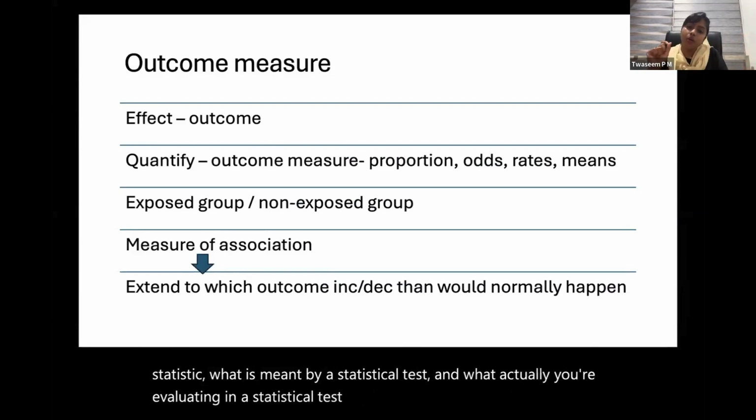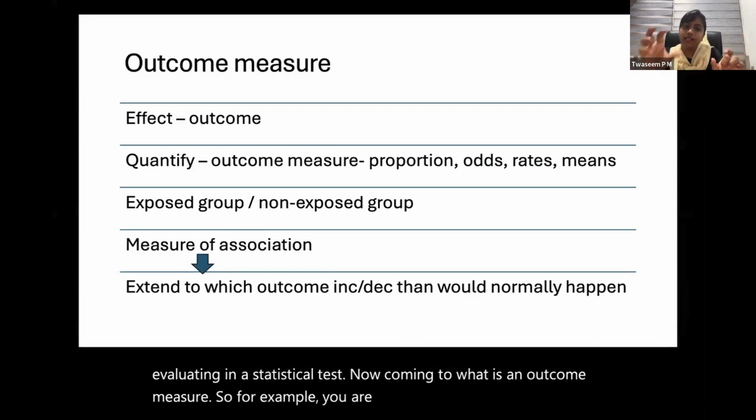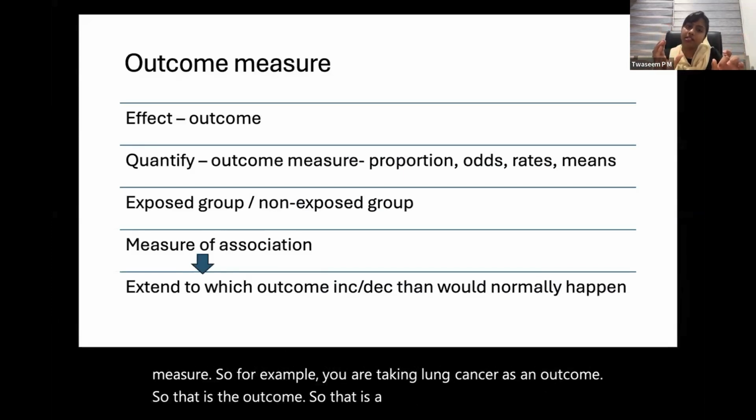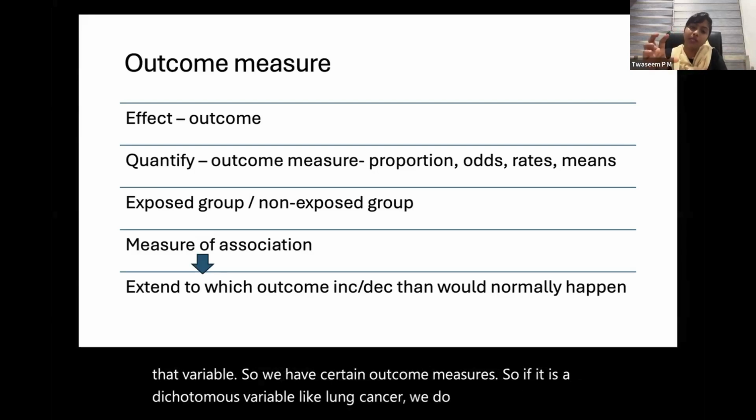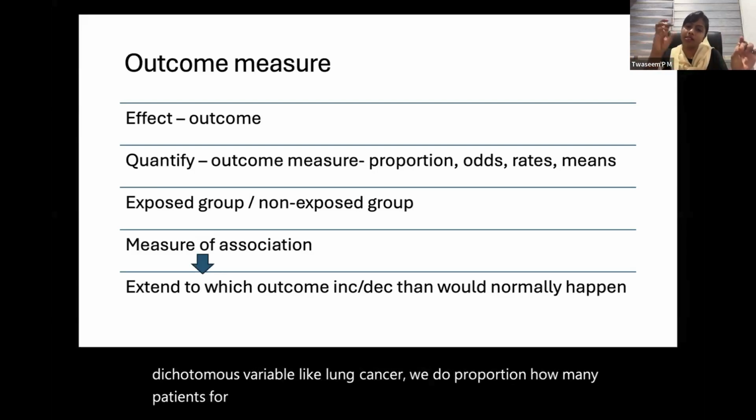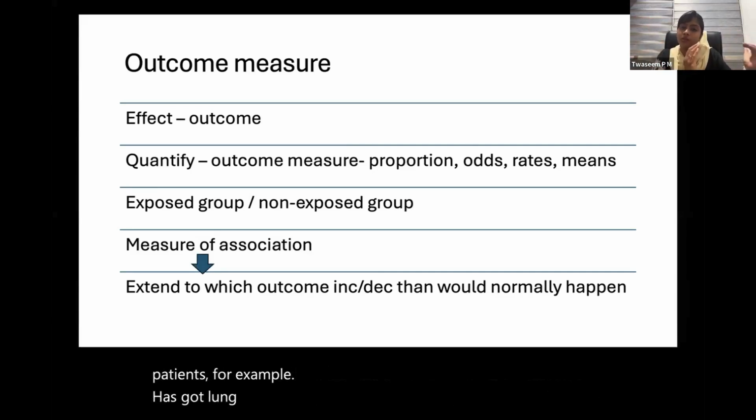Now coming to what is an outcome measure. For example, you're taking lung cancer as an outcome. That is a variable, and we need to measure that variable. So we have certain outcome measures. If it is a dichotomous variable like lung cancer, we use proportion. How many patients who have smoked have got lung cancer? Imagine 100% smoked and 50 got lung cancer.